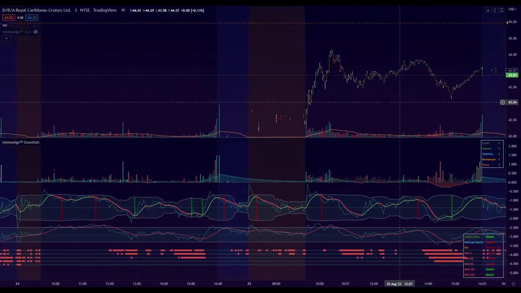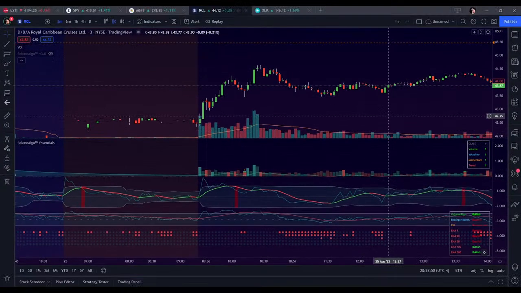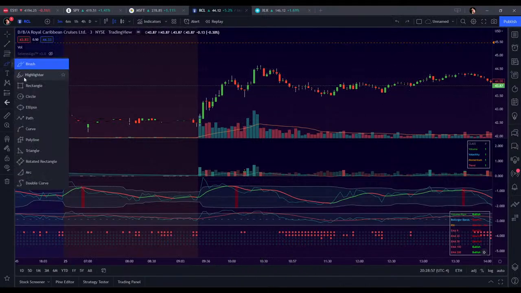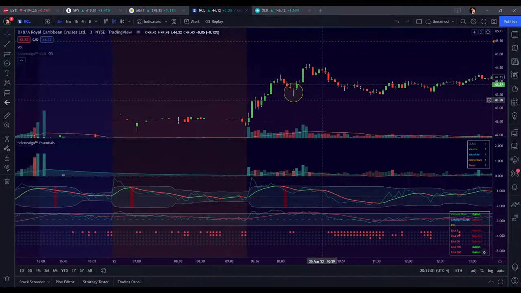Even though it was a red candle, which is typically bearish, it's actually a very weak bearish candle, and there's a lot of countering from bulls. Perfect. That's a perfect example right there.